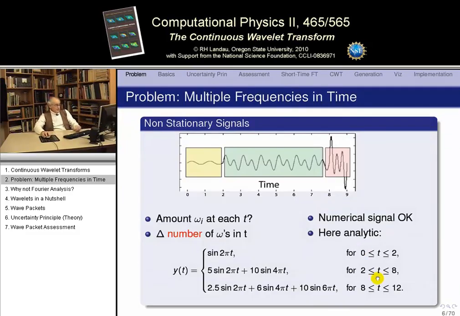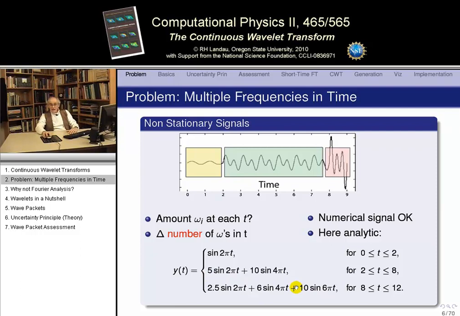So what we have here is a pure sine wave, frequency 2 pi for small time, combination of frequency 2 pi and 4 pi, but with different, changing amplitudes in the intermediate time. And then at the last time period, the pink time period, we have frequency 2 pi, 4 pi, and 6 pi present. And again, with different amplitudes and amplitudes which change.